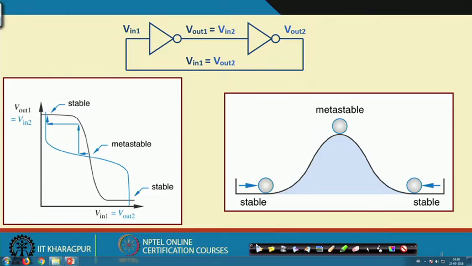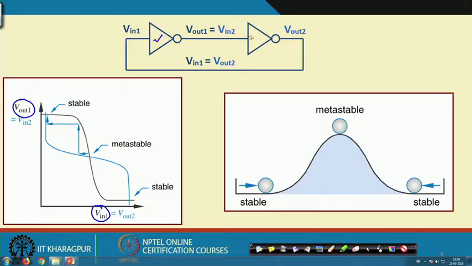Now, let us see this diagram. In this diagram, we have plotted V out 1 on this side and V in 1 on this side. This is the first inverter, and the solid black line shows the characteristic curve just like I showed for this first inverter. Now, for this second inverter, V in and V out are reversed, right. V out of the first gate will be V in of the next gate, and V out of the next gate will be V in of the first gate.